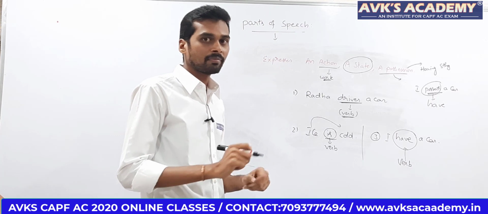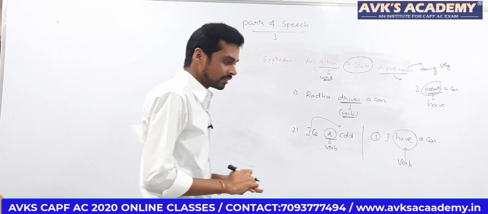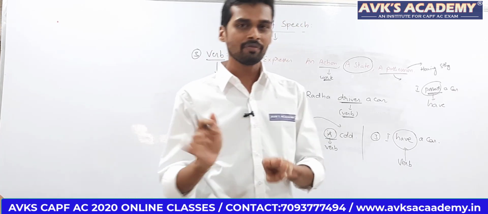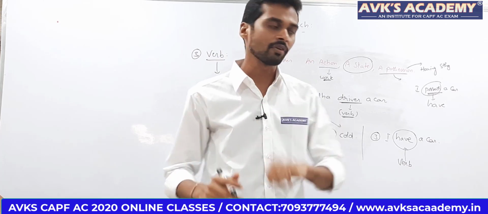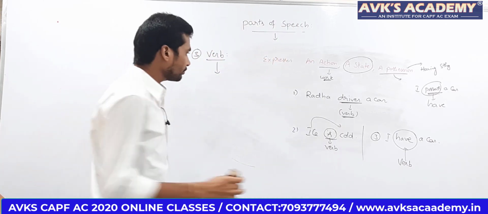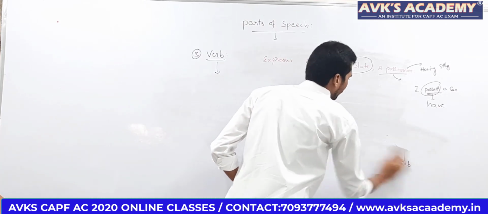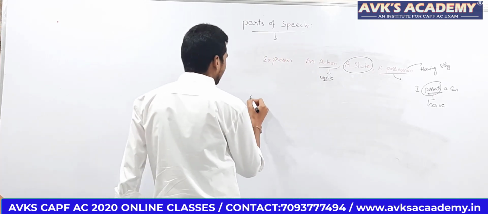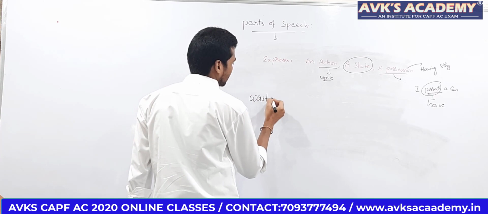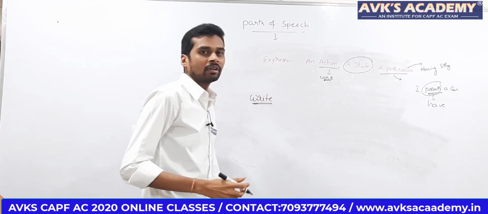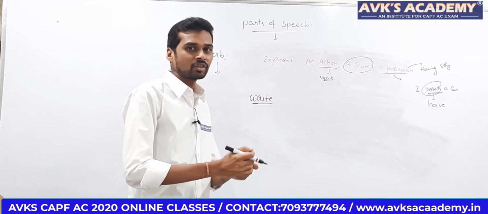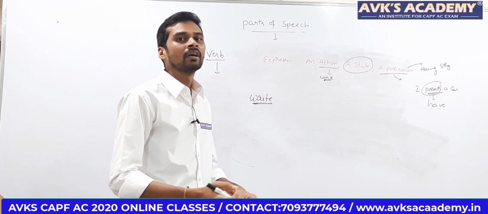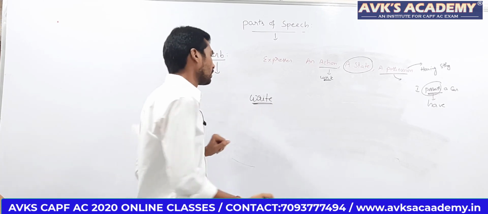Of course, in verbs we have different kinds of verbs, but the most important thing we need to remember here is a verb has three forms. Any verb, you can take any verb, it has three forms. Let me give you an example. Write. Write is an action, isn't it? So since it is an action, which part of speech is it? It is a verb.